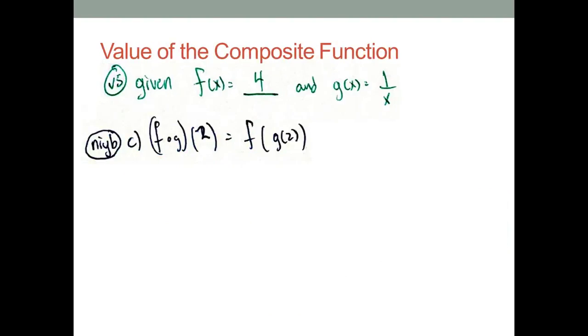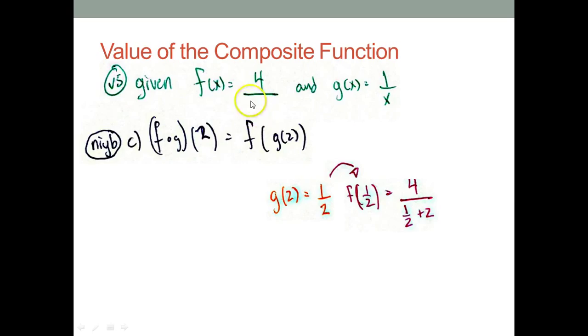So let's take a look at the value of this composite function. I think something got clipped off here, but you see I'm just taking the value, this says 2, so I'm going to plug in 2 for the g of 2. Now g is just 1 over x, so I have 1/2. Awesome, I plugged that into f, and remember f was, it definitely got clipped off. This is 4 over 1/2 plus 2.